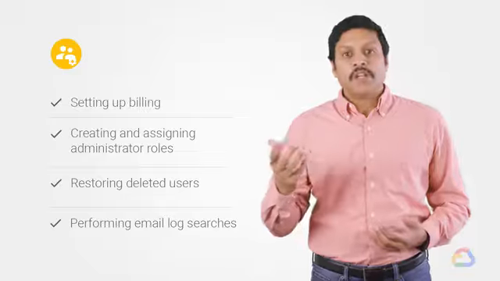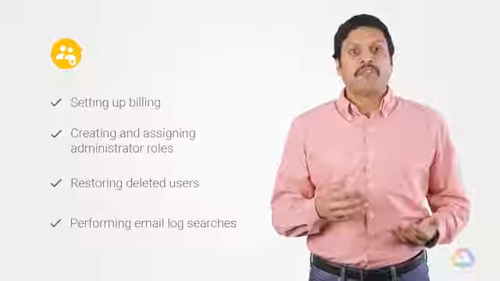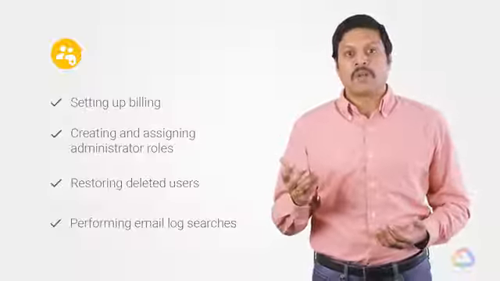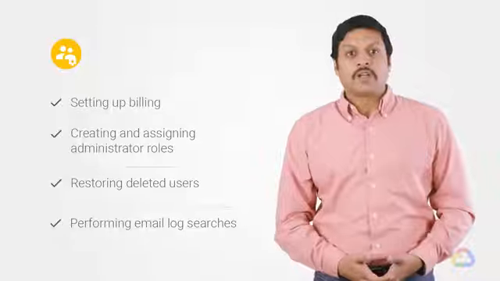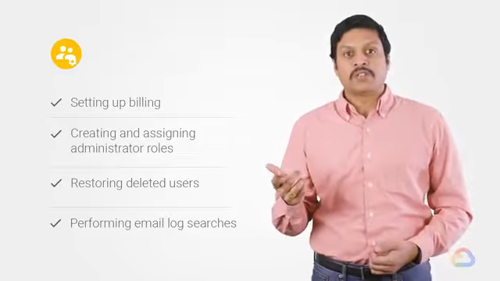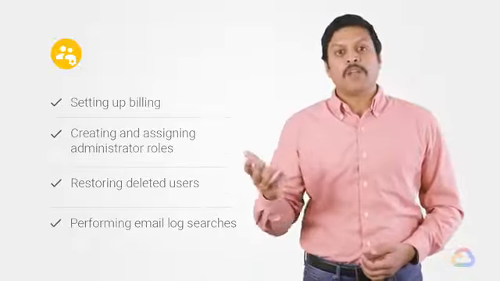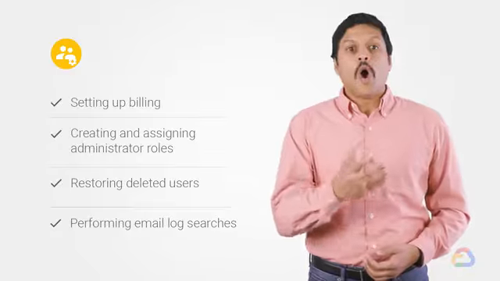For example, you can make a user a super administrator who can then perform all the tasks in the Admin Console. Some tasks that a super admin can do that other roles cannot do are setting up billing, creating and assigning administrator roles, restoring deleted users, and performing email log searches.